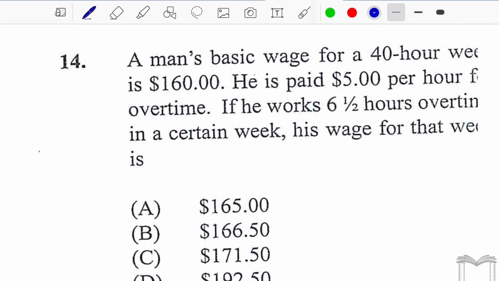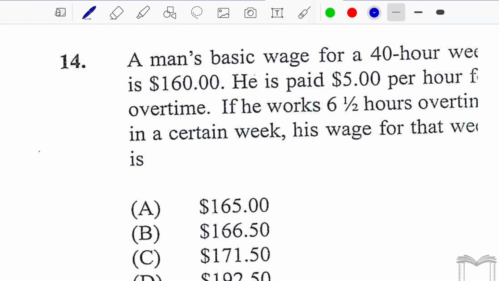Number 14. A man's basic wage for a 40-hour week is $160. He is paid $5 per hour for overtime. If he works 6.5 hours overtime in a certain week, his wage for that week is.